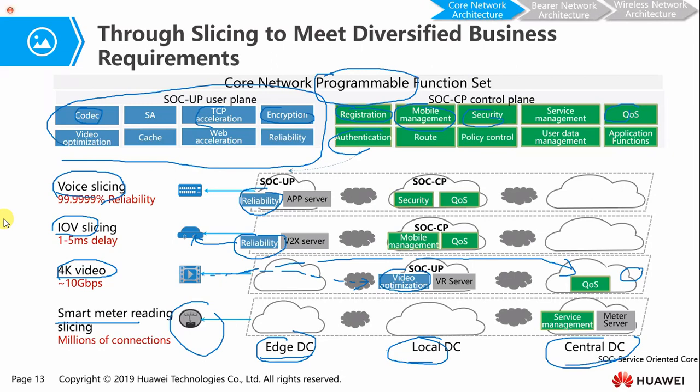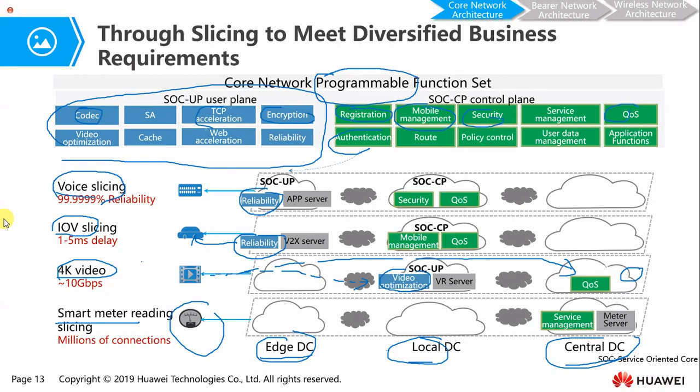It can reduce the cost. Different services can be configured by the requirement. So we say that the core network can be programmable.